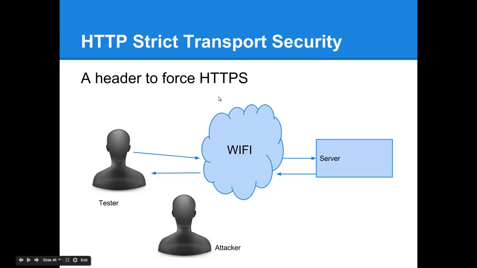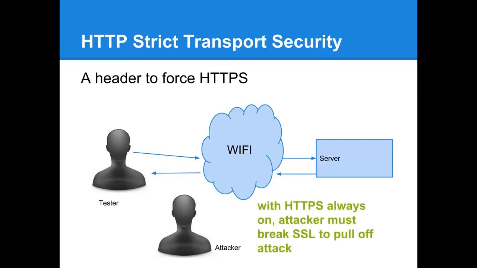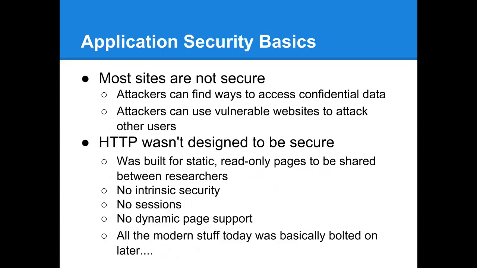It's kind of the server side analog to the secure setting in the cookie parameter. So, with HTTPS on, the attacker must break SSL or TLS in order to pull off the attack. Holistically, the vast majority of websites out there are not secured against all of the attack types we are going to cover.